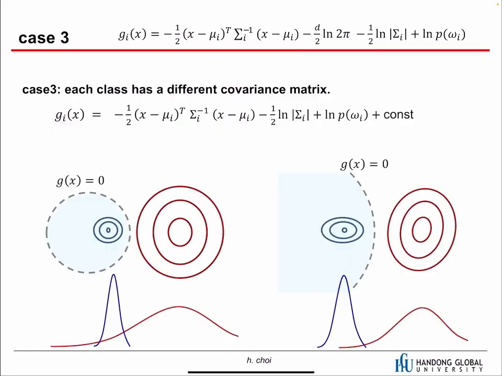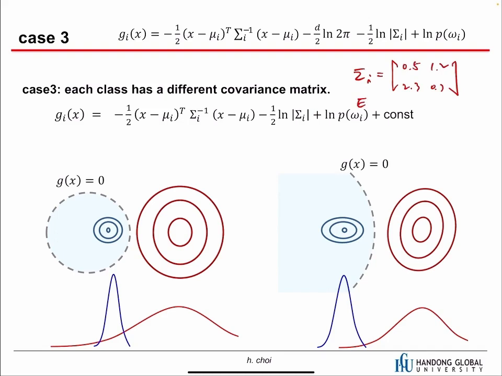And for case 3, when each class has a different covariance matrix, it's just the general case. Okay, each class has its own covariance matrix, and this one is a matrix of arbitrary numbers, 0.5, 1.2, 2.3, 0.7 kind of things, for example.